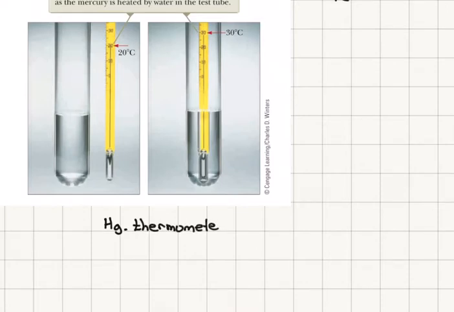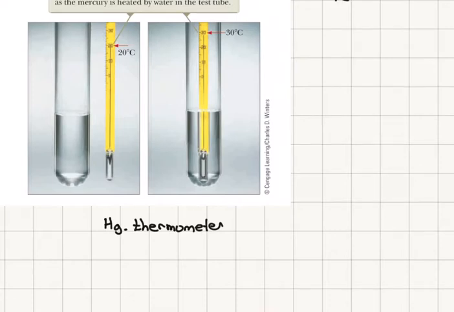This is a mercury thermometer. And what is the thermometric parameter in this case? Well, the mercury thermometer, if you look at it, is a column that is filled with mercury.